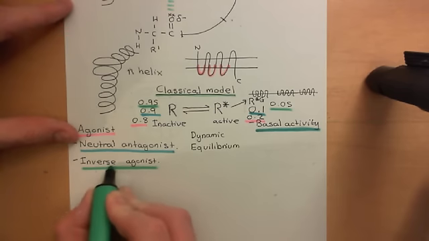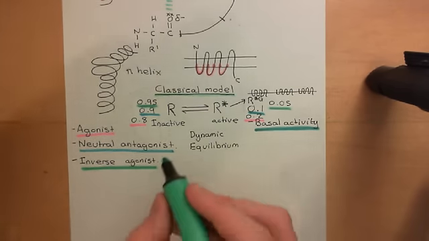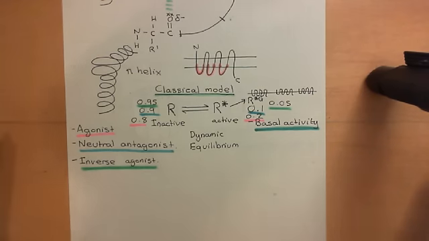Okay, and actually many of the drugs that we call antagonists are not actually this incredible thing of a neutral antagonist, but rather are actually inverse agonists slightly.